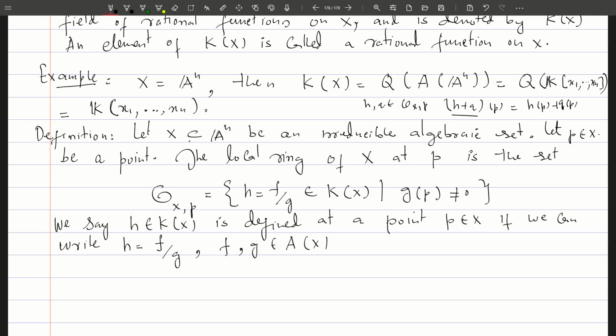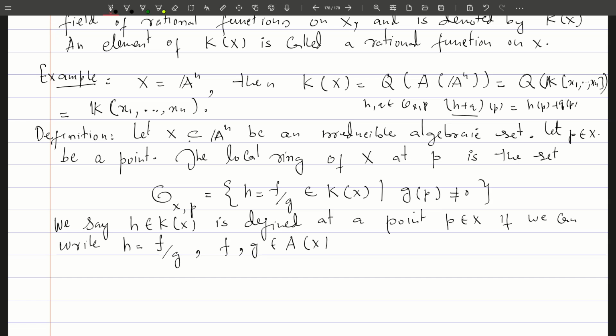Now f and g being the elements of the coordinate ring, that means this f represents a class. Similarly, g represents a class, because Ax is actually the quotient of the polynomial ring modulo the ideal of x. So each element in Ax is actually a coset, which is an equivalence class.